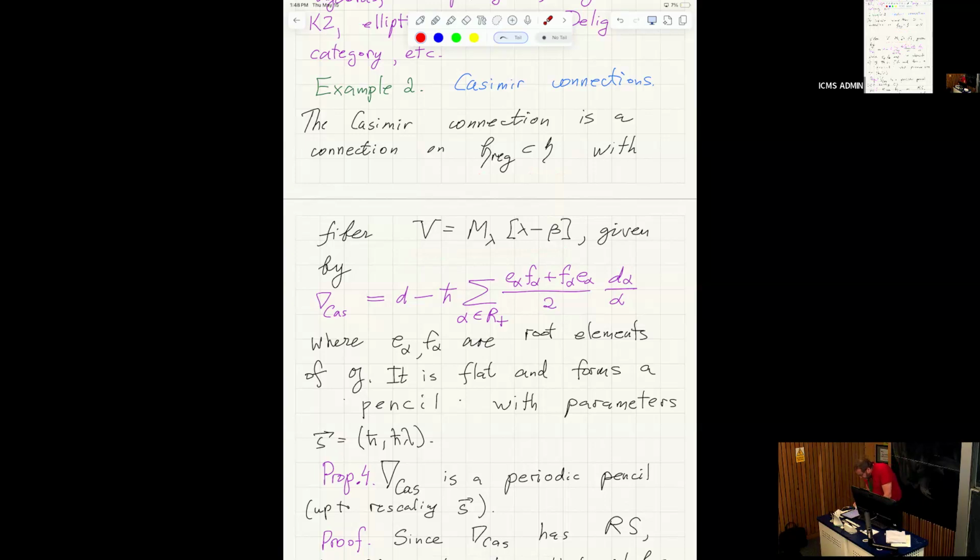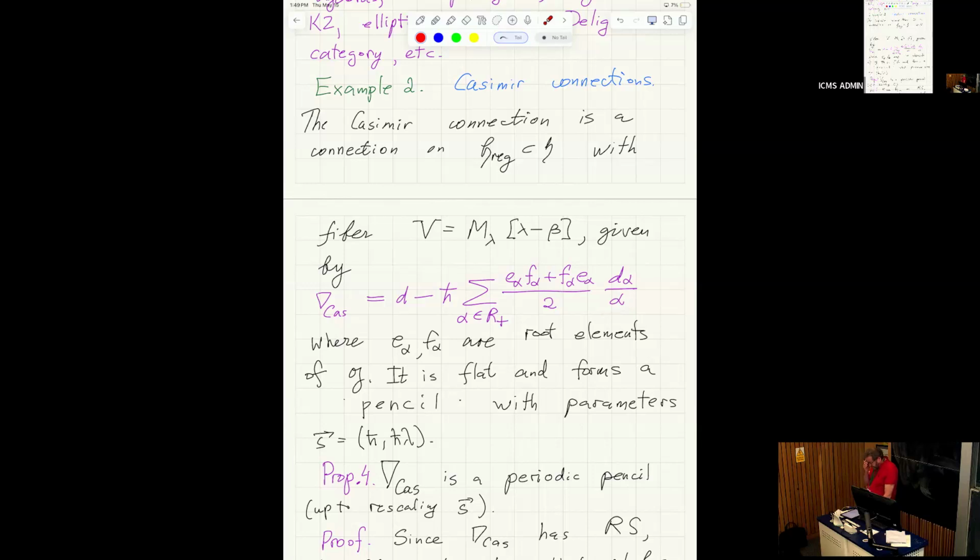And the connection has the form d minus h times the sum over positive roots of (E alpha F alpha plus F alpha E alpha) over 2, which is essentially the Casimir of SL2 without the Cartan part, which is not important here, multiplied by d alpha over alpha.